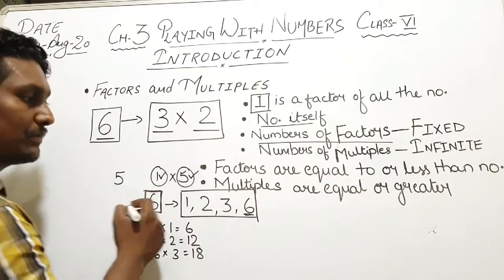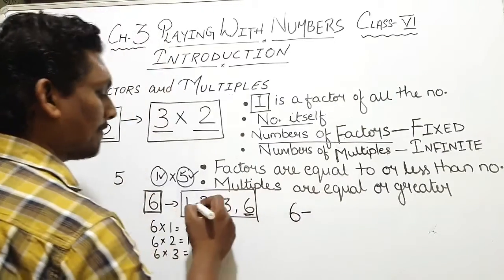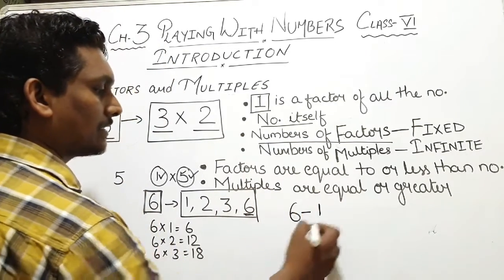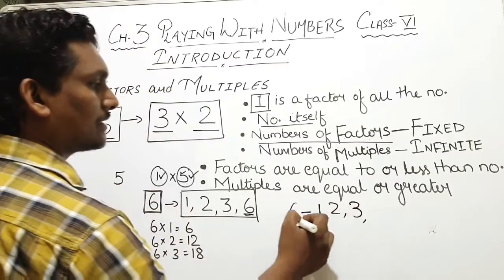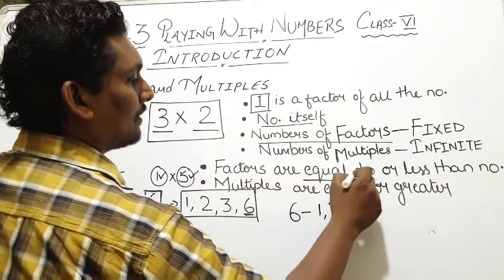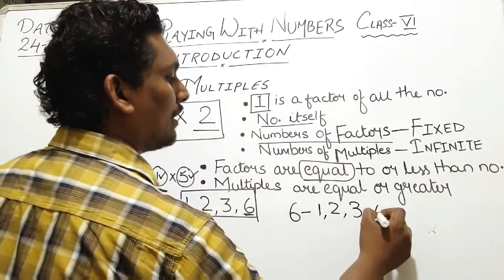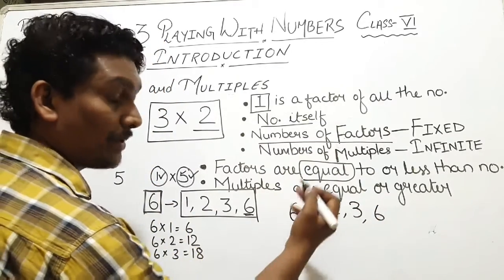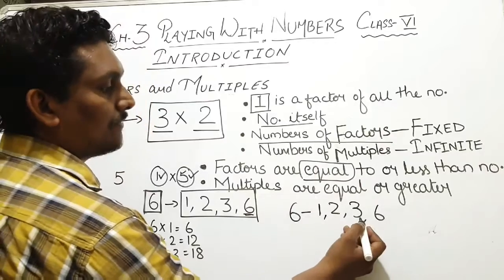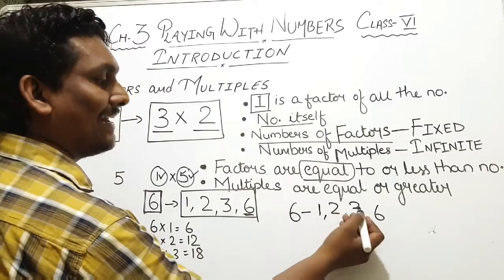I have taken the example of 6. Here 1 is less than 6, 2 is less than 6, 3 is less than 6, and the last factor is equal to 6.